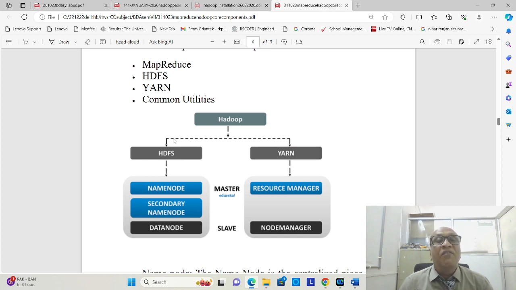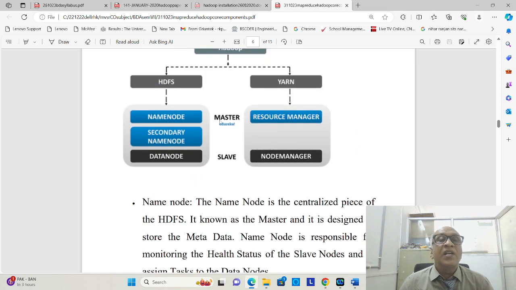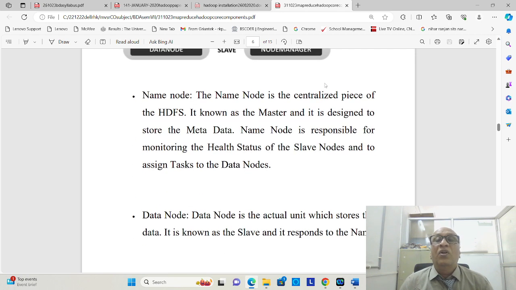So here we'll focus on HDFS and Yarn. Under HDFS, you are looking at name node, secondary name node, data node. So let us look at them. The name node is the key factor of HDFS. Name node is also called master, and it stores metadata.